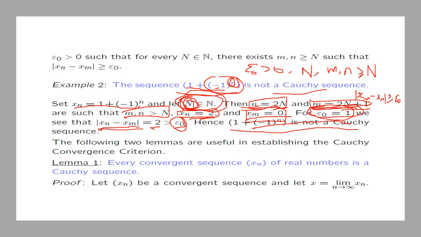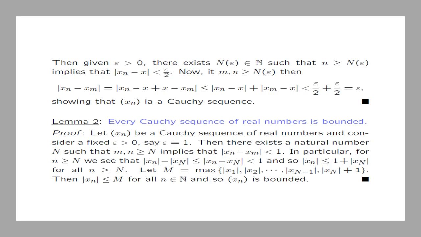So let's look at this lemma, which says that every convergent sequence of real numbers is a Cauchy sequence. So assume that xn converges to x and let epsilon bigger than 0 be given. Then there exists a natural number N epsilon such that if small n is bigger or equal to N epsilon, then the distance between xn and x will be less than epsilon over 2.